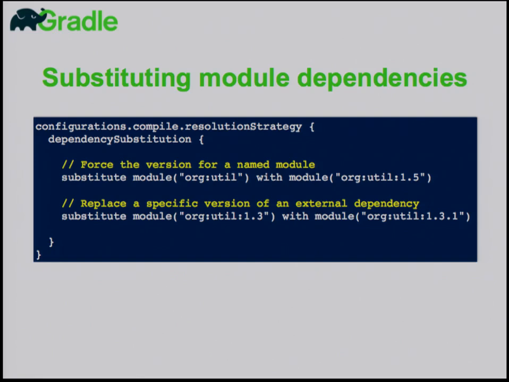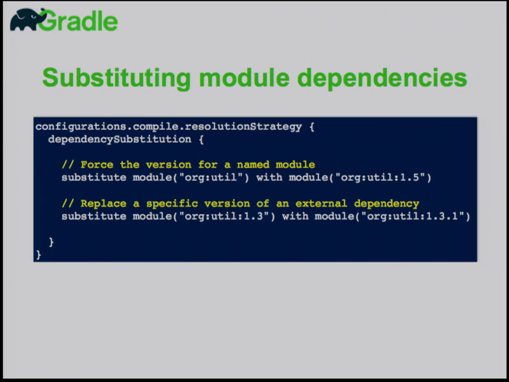I'm looking at a single configuration here. It's the compile configuration, and I'm grabbing the resolution strategy. So the resolution strategy is how do we resolve this configuration? It's not information about the configuration itself, but it's information that feeds into the resolution. So you could resolve the same configuration twice with two different strategies, and theoretically end up with two different results. And then the actual block that we use to configure our dependency substitution rules is dependency substitution.